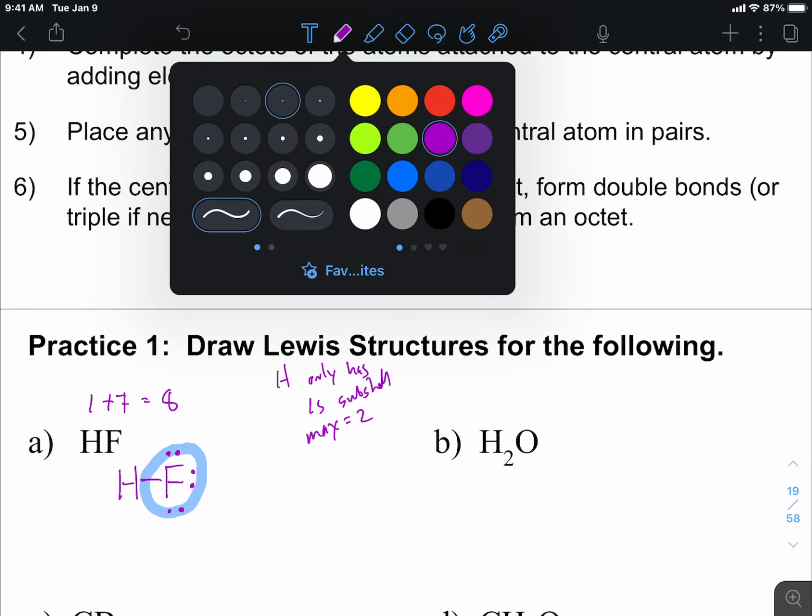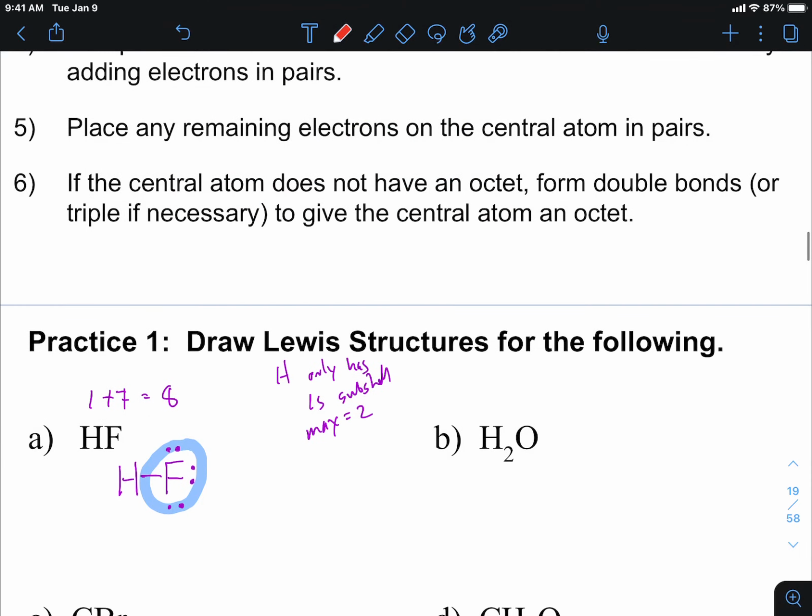Okay. Let's try the next one. Let's try water. Okay, so H2O. Well, let's put the O in the center because that looks symmetrical. Let's count up our valence electrons. You got hydrogen, which has 1 of them, but there's 2 hydrogens. Oxygen has 6, so again, this brings us to a total of 8 that have to be used. All right, so step 3, make bonds. There's a bond here and a bond here.